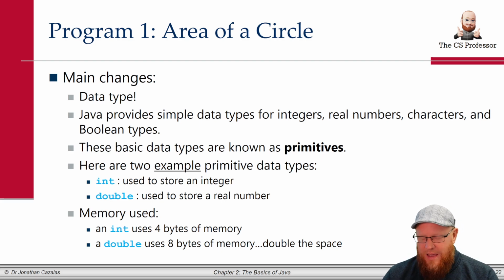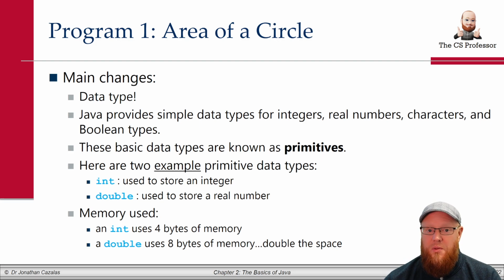So these basic data types are all generically called primitives. Your int, double, float, long, char, these are all primitive values. We'll talk more about what primitive means, but suffice it to say, it's the most fundamental type of data that you can find in Java.